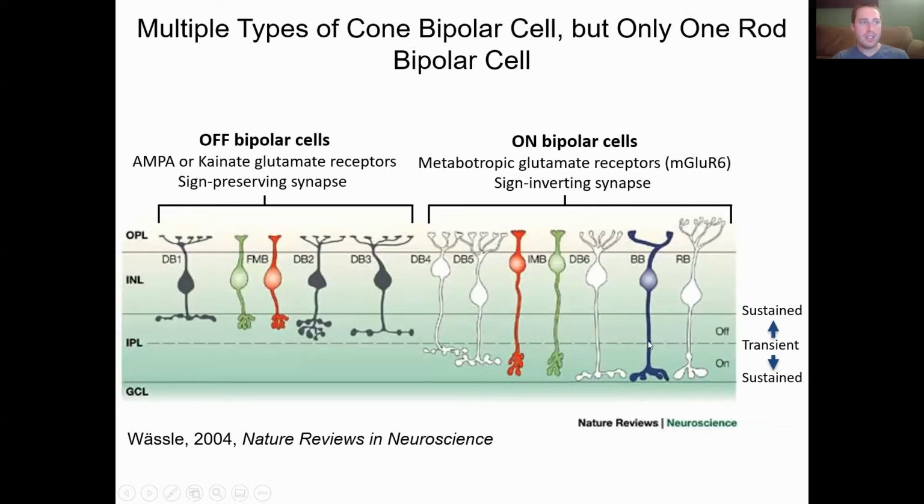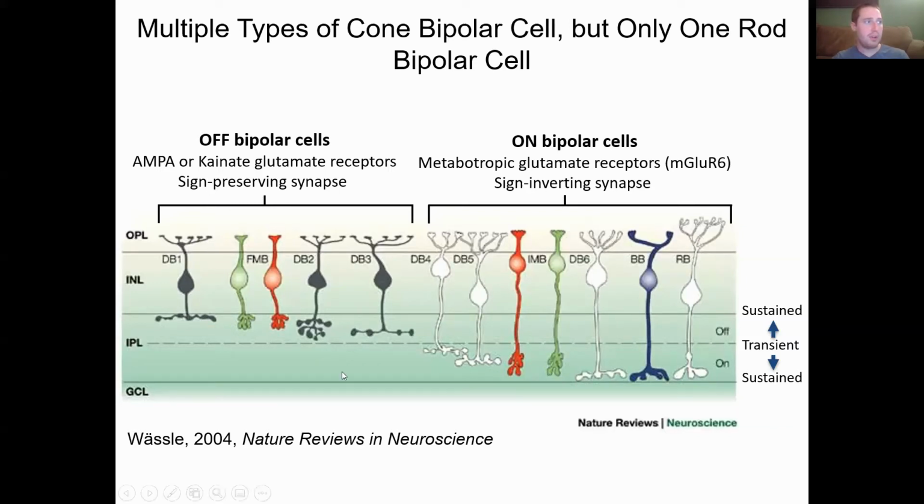And they generally stratify based on this sustainedness and transientness. They also, I should say, stratify based on the on and off. So you'll see they all collect glutamate from the photoreceptors, but their axons terminate in different sublayers of the inner plexiform layer.